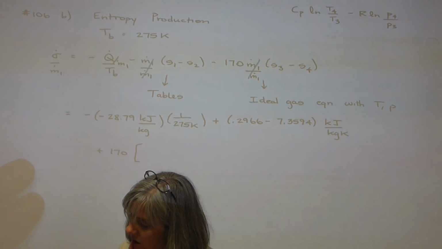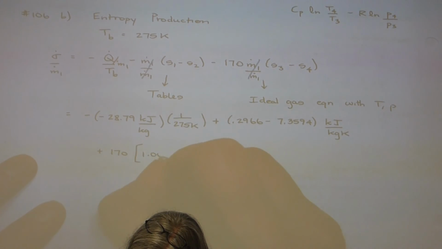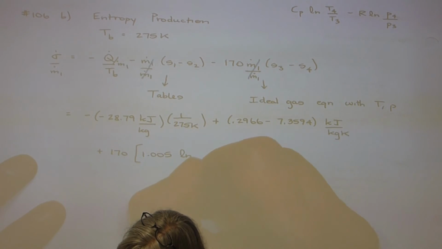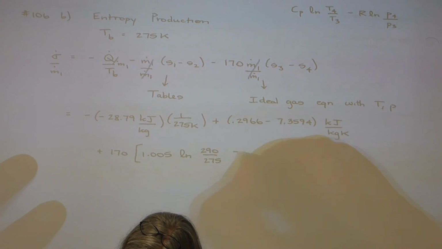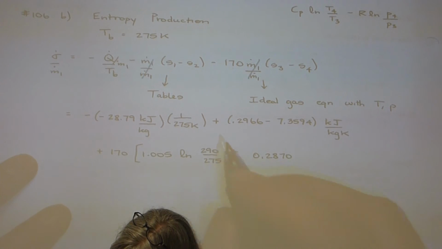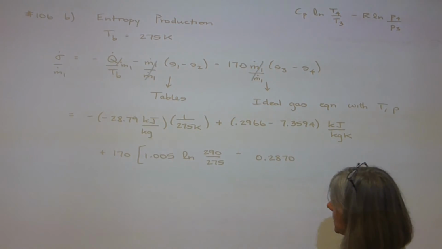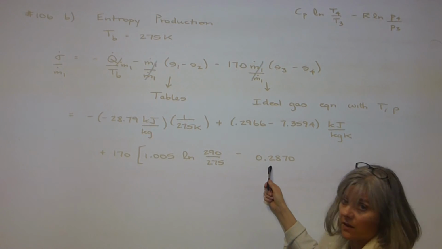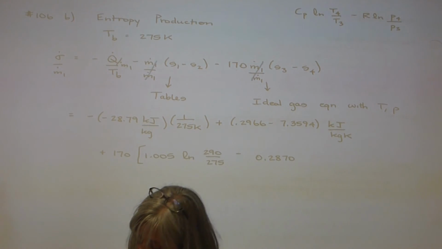Okay, so let's finish that up. So then 1.005 ln 290 over 275 minus 0.2870. Oh, I missed some units. Boy, I've had a little bit of trouble tonight. So this will have no units, and neither will the next one. C sub P and R are both in kilojoule per kilogram Kelvin, so I'll add that at the end.